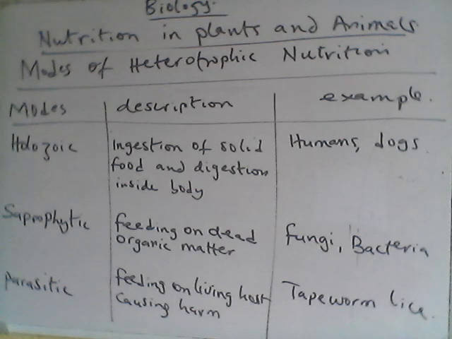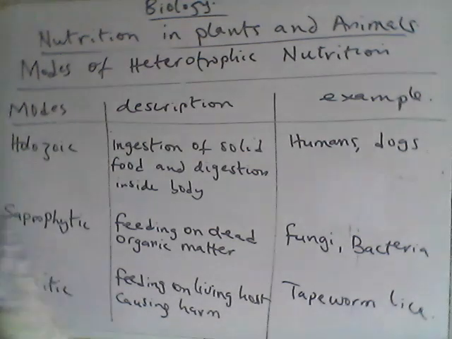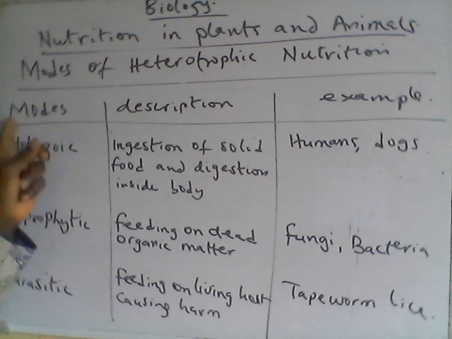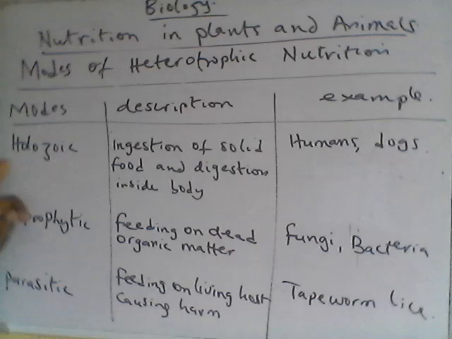So we'll dive into the modes of heterotrophic nutrition. How do organisms that depend on other organisms to feed on, what are the modes? I have a table here showing the modes, description, and example. The first one is Holozoic.